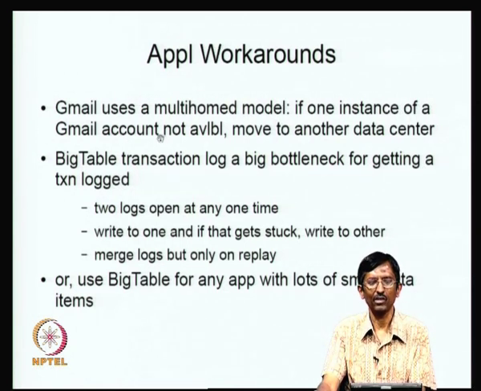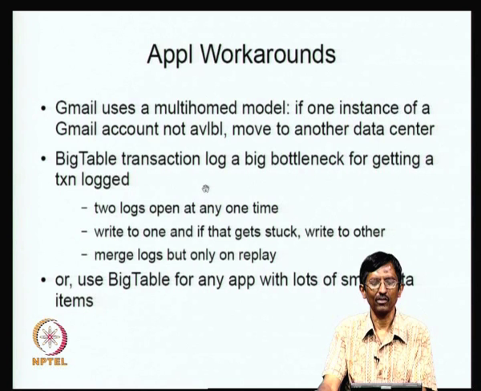If one instance of a Gmail account is not available, you just move to another one, and then you think about reconciling it later, from an availability point of view. So an application essentially starts out assuming that it's a multi-home model. The systems infrastructure is not giving you a uniform view without having to worry about details. You have to take care of it yourself.